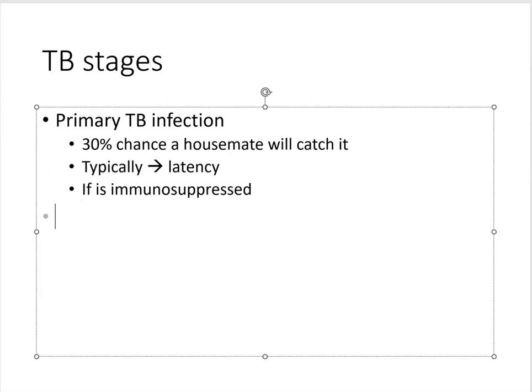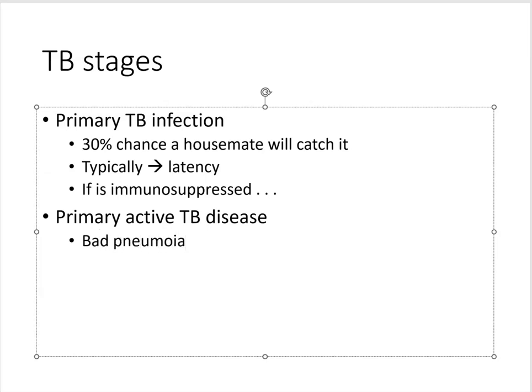So if a person is immunosuppressed, it will progress to primary active TB disease. And this is bad pneumonia with relatively high mortality.